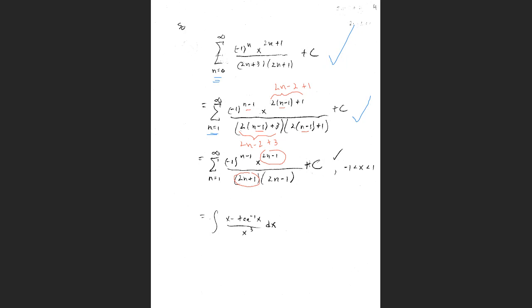And there are no non-zero terms in there. So that is then the power series for this indefinite integral.